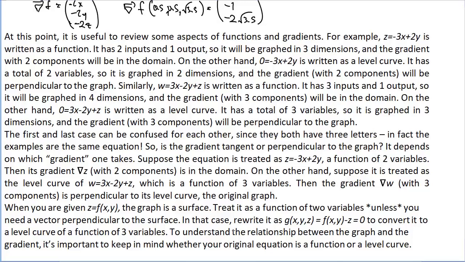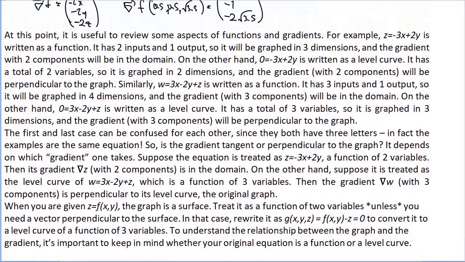So what does that mean for doing problems? If you're given z equals f of xy, the graph is a surface. It's physically 2-dimensional. We graph it in 3 dimensions. So treat it as a function of 2 variables, unless you need a vector that is perpendicular to the surface.